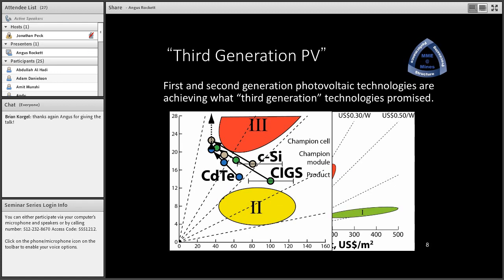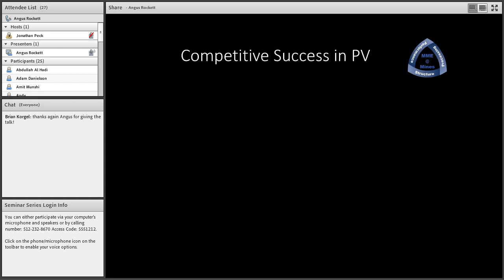Performances of products are in the 16 to 18% range, which puts them fairly firmly in the third generation cost line. And if you got the costs to the point that's projected and the efficiencies to the champion cell level, they would lie well to the left of the third generation technologies. So you should think about the thin film technologies, and indeed even crystalline silicon, as third generation concepts based on their performance.